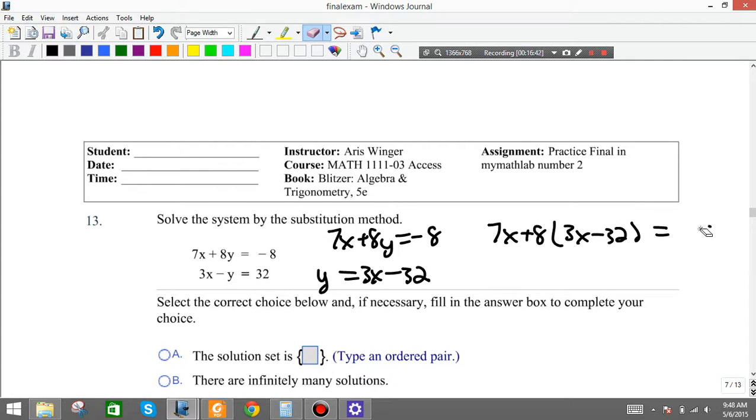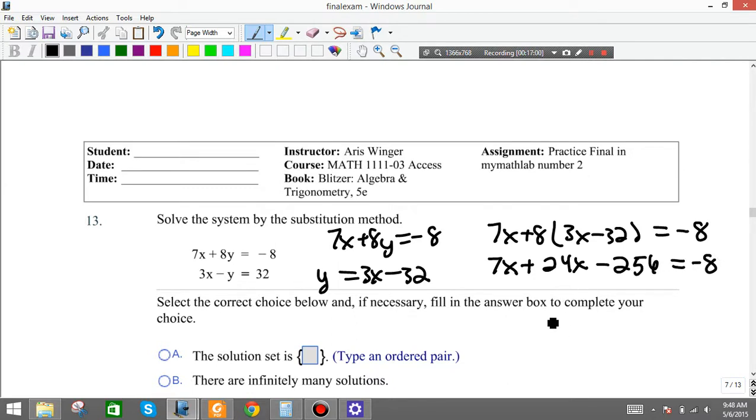So then 7x plus, distribute, that's 24x minus 256, and that equals negative 8.